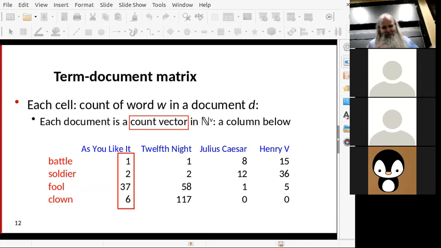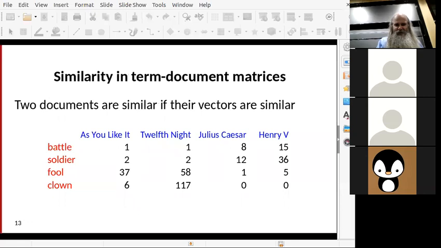That's not going to be ideal because maybe we want some sort of normalized probability there, but it's a good start. We can actually say if 2 documents are similar, their distributional occurrences of the words are going to be quite similar. So in other words, Julius Caesar and Henry V are more similar plays to each other than they are to the other 2, which is actually true.